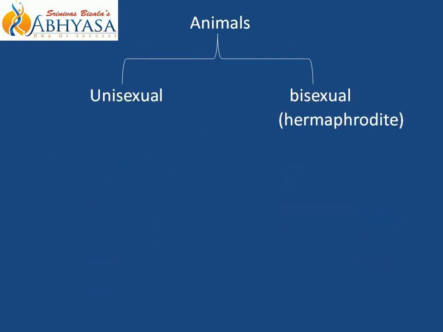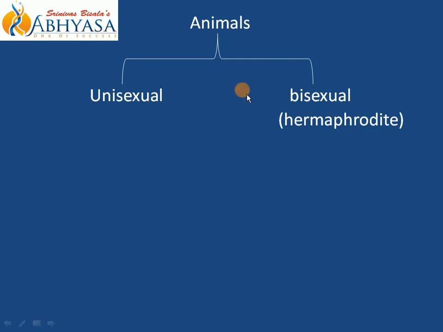Now depending upon whether the sex organs present in an organism are of one type or two types, the technical terms for that are unisexual organisms or bisexual organisms. These are the terms we are discussing in relation with the animal kingdom.